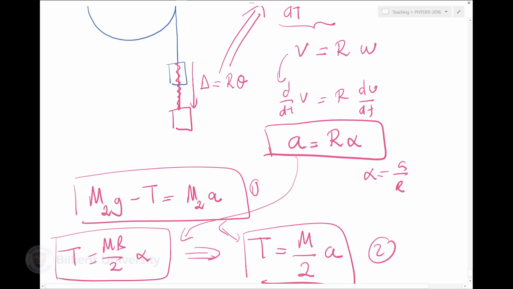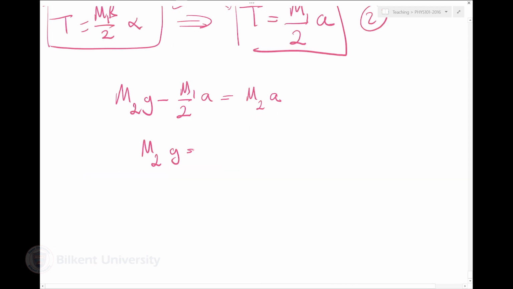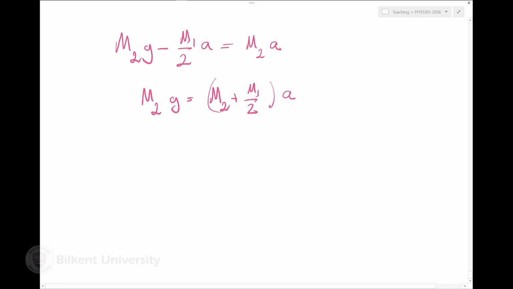M1, M1. So apparently M2G is M2 plus M1 over 2 times A. Or the acceleration is M2 over M2 plus M1 over 2, times G.